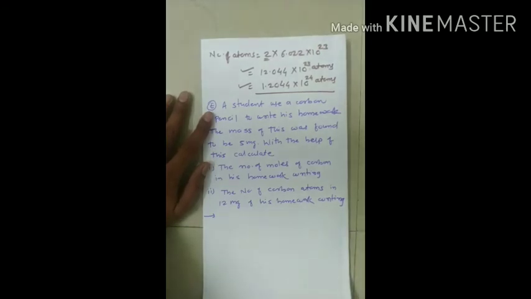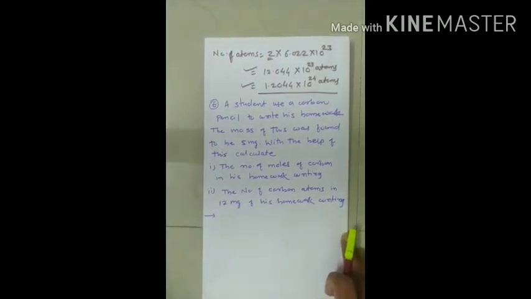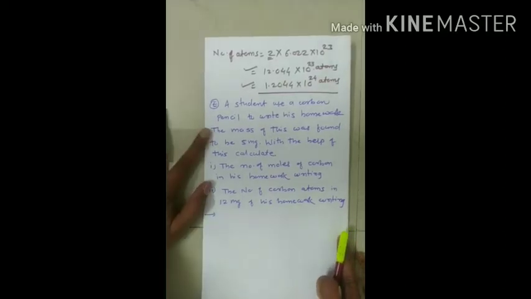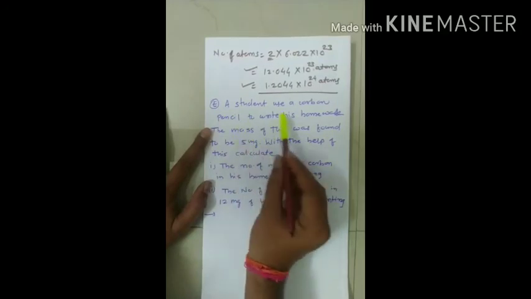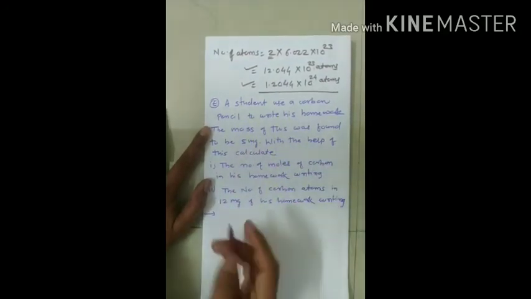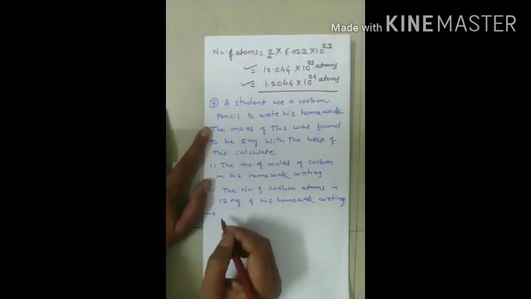Here, if you read the question, you will come to know the first data given is 5 milligram of carbon. The mass of this carbon pencil is found to be 5 milligram.